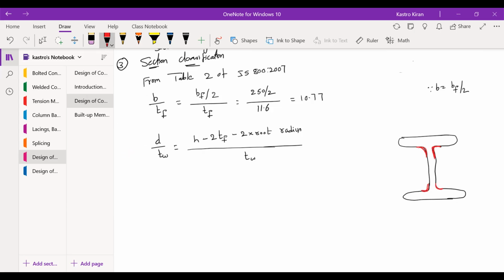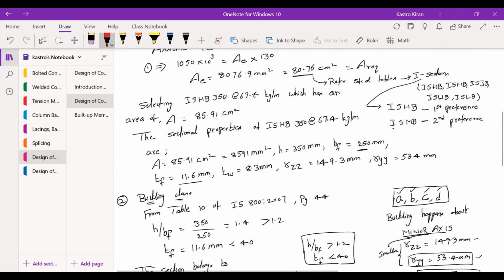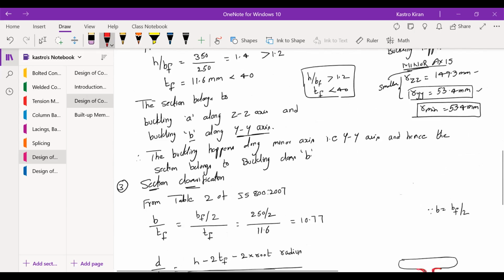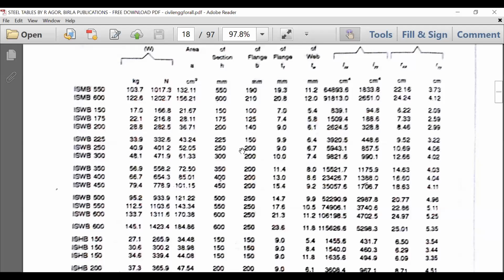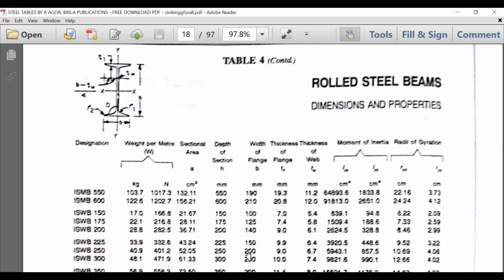So this root radius has to be found out for ISHB 350. That is the section which we have selected, right? And if you refer to the Steel Tables book, you will have the value of root radius. So let's quickly look at what the root radius of ISHB 350 is. This is the rolled steel beams table, that is table 4, if you remember. From this table only we have selected the section.